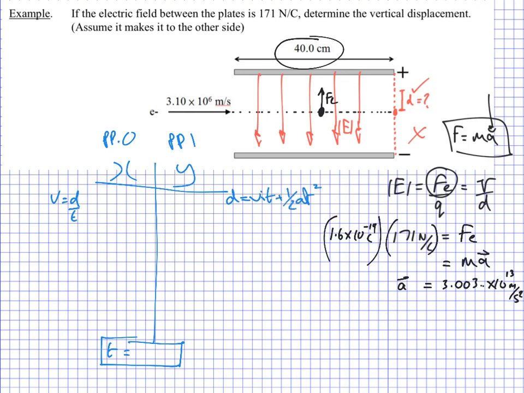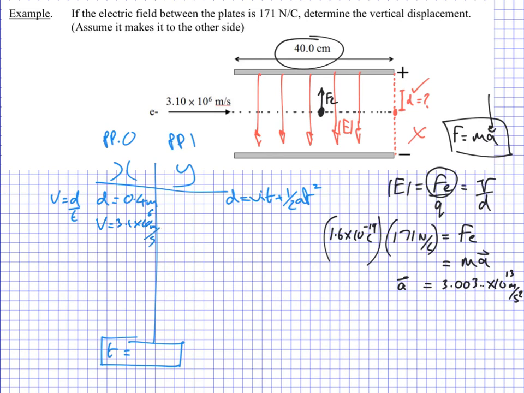So let's start putting in some values that we might know. What's going on in the X direction? Well, I know the distance is 40 centimeters. We know the initial velocity is 3.1 times 10 to the 6 meters per second.